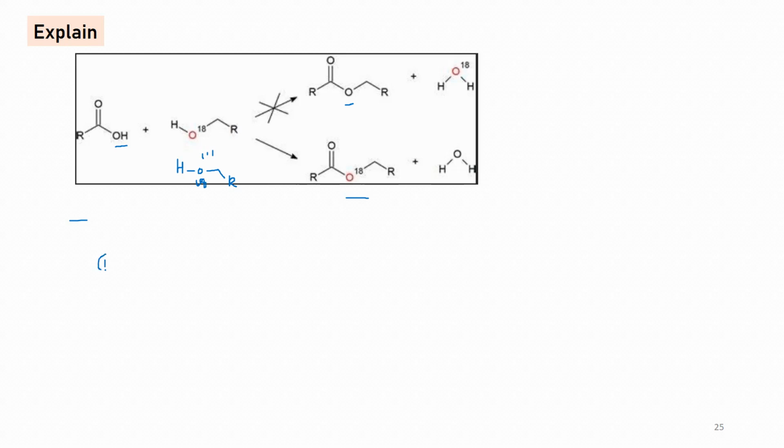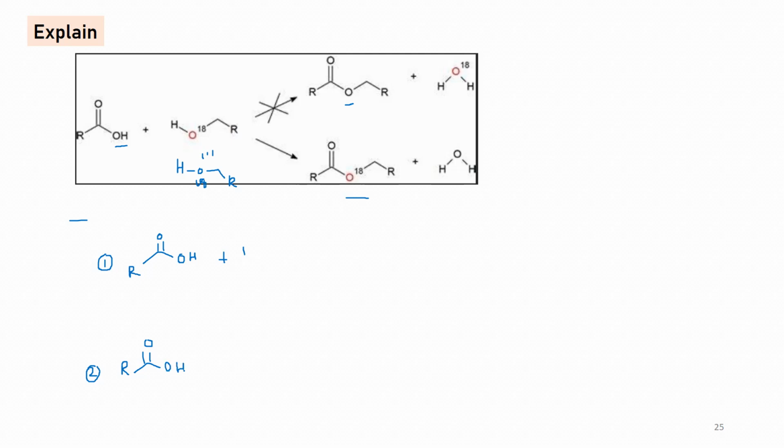We go to the first mechanism where we are trying to draw both of them equally with a different color, so that it will be easier for you to determine how these reactions are happening.